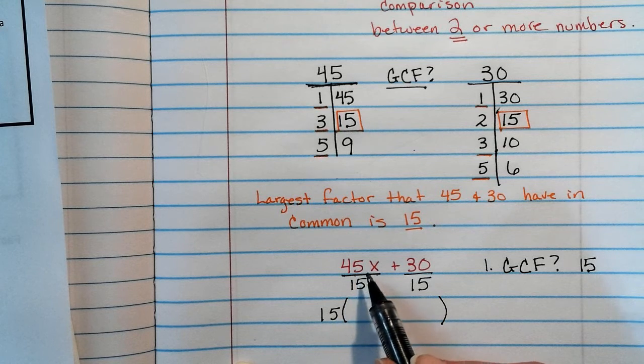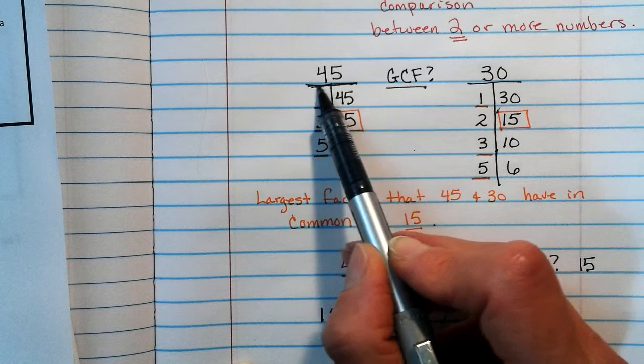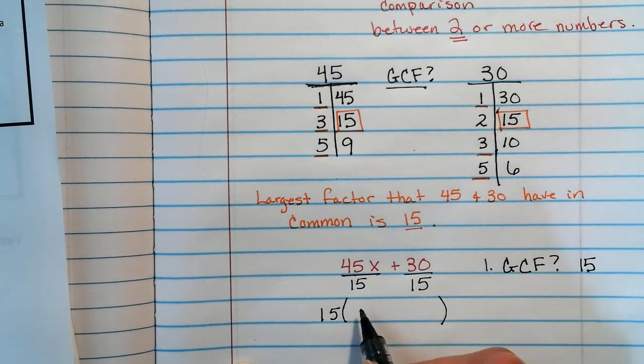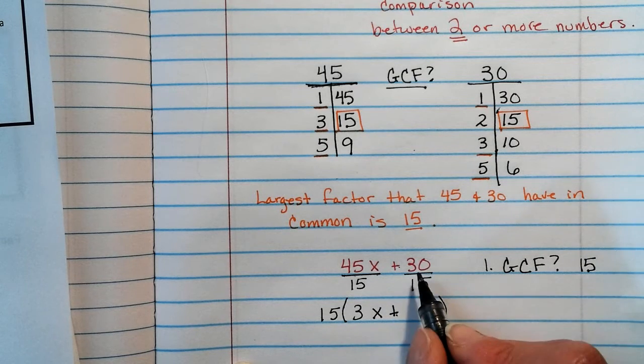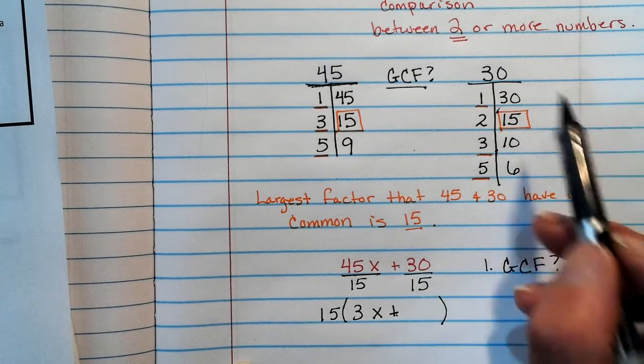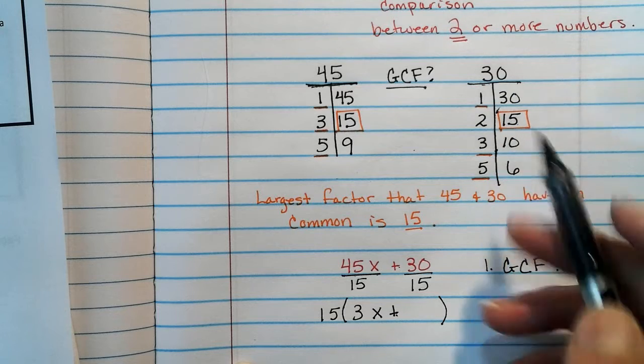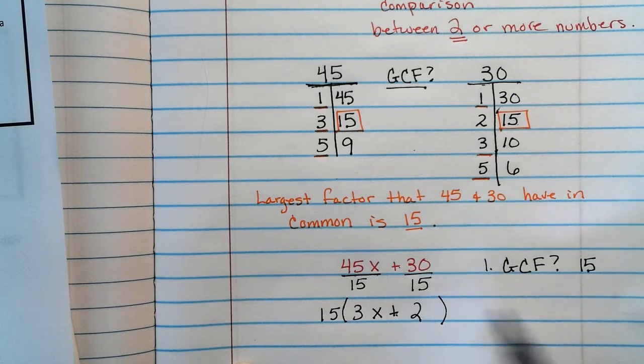Now I'm going to divide. Well, 45 divided by 15 gives me 3. That x is still there. This is positive, so this is positive. 30 divided by 15 gives me 2. Okay.